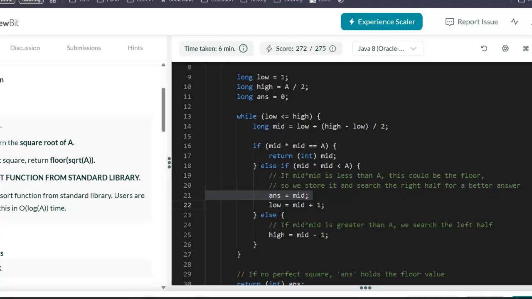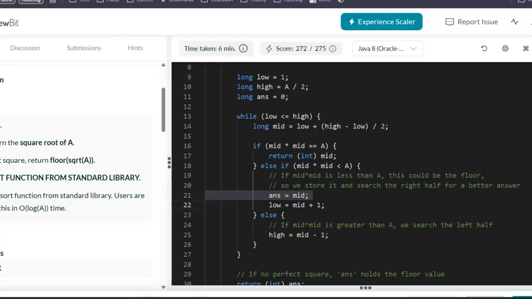Sometimes in a binary search you're looking for a target. Sometimes in a binary search you're trying to converge on the answer. So when you find a possible answer, you don't stop because there may be a better answer.